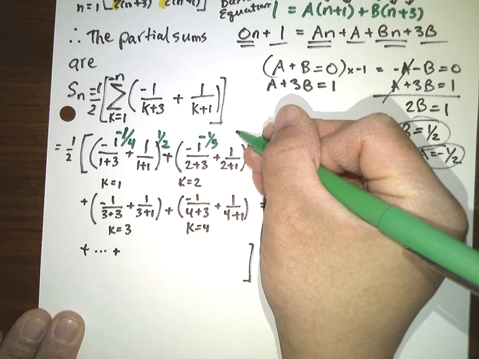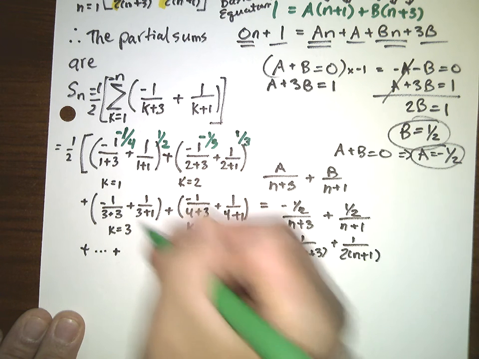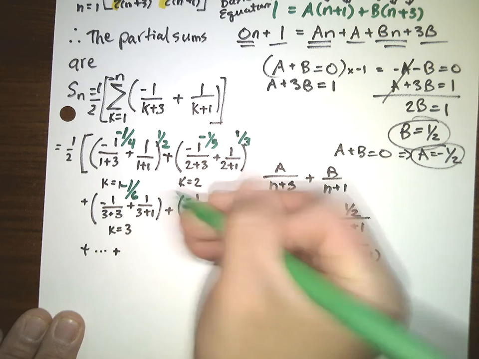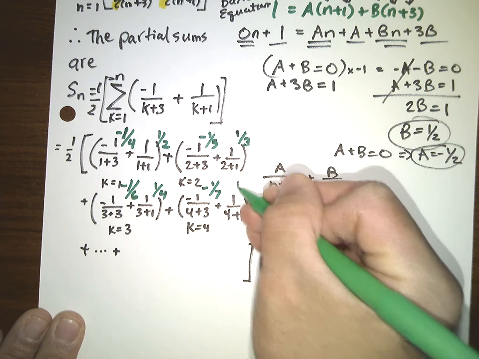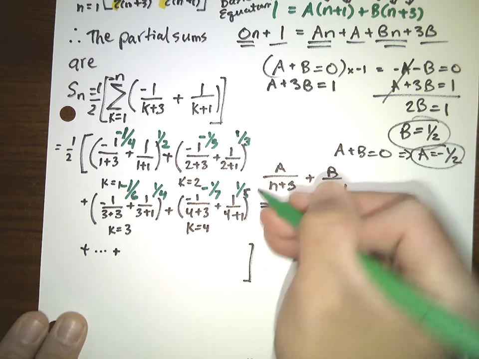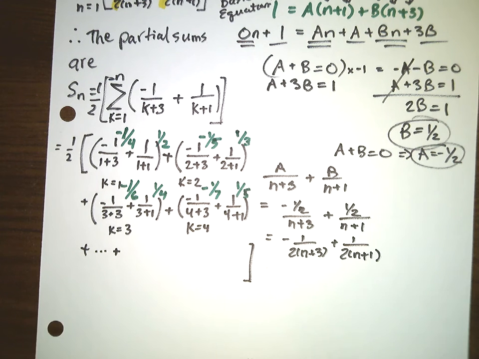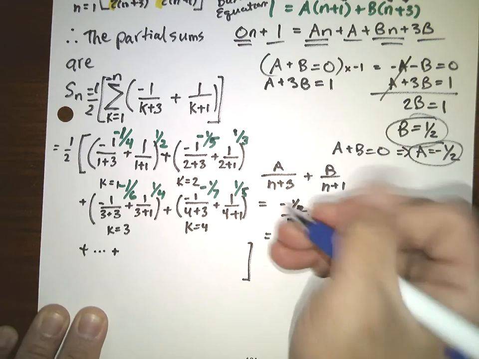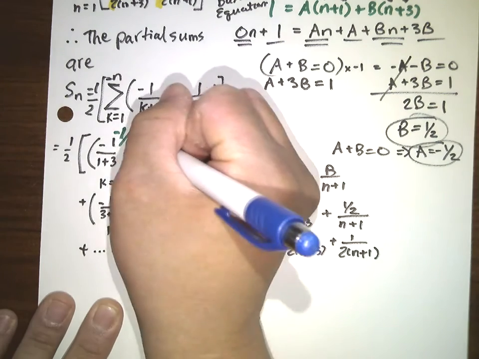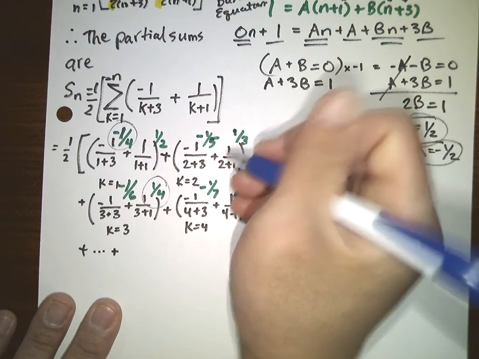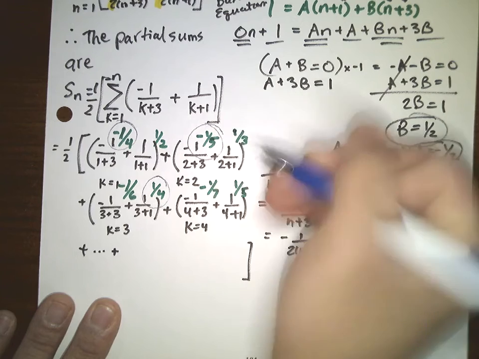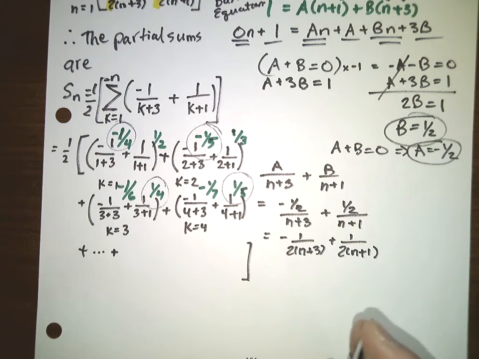That will be 1/3, and this will be -1/6, and this will be 1/4, and this will be -1/7, and this will be 1/5. All right, so now let's cross out whatever terms we can see are canceling out. So we know that the -1/4 plus a fourth definitely cancels out. The -1/5 plus a fifth definitely cancels out.